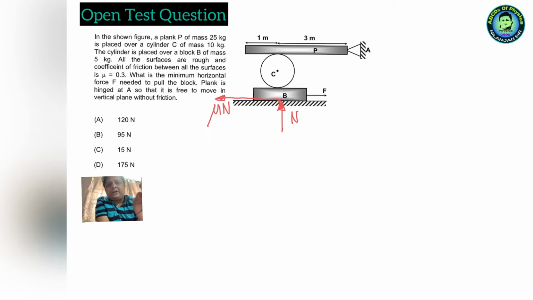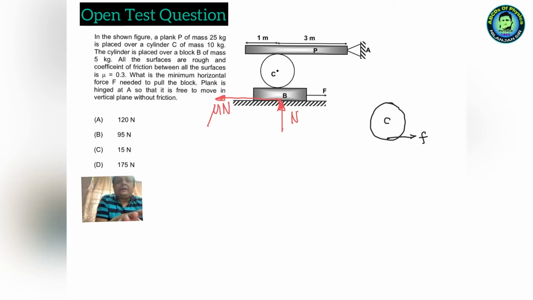Now let's look at the cylinder. Here lies the trick to solving this problem. If you look at the cylinder C, let us look at the friction acting on it. Suppose we consider the friction acting on the cylinder C is F to the right.